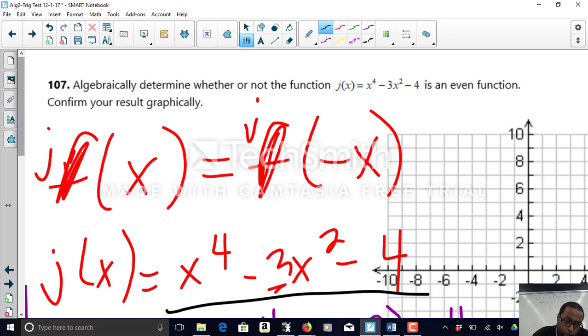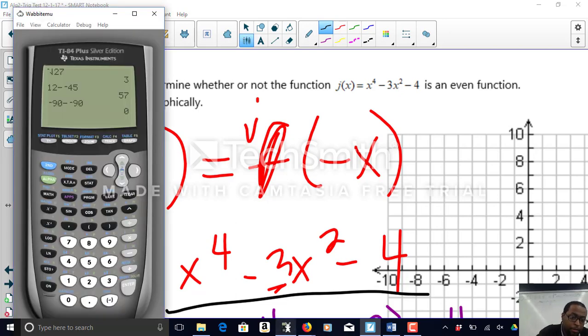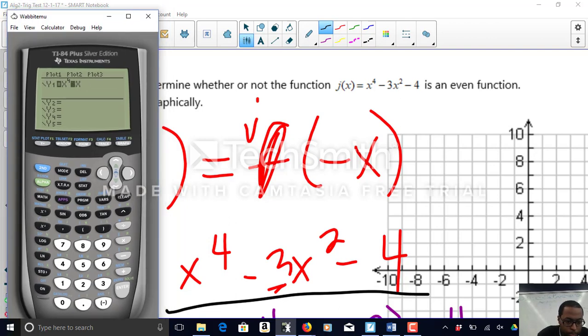You can confirm your results graphically by plugging it into the graph. And I'll quickly show you how to do it. X to the 4th power minus 3x to the 2nd minus 4.